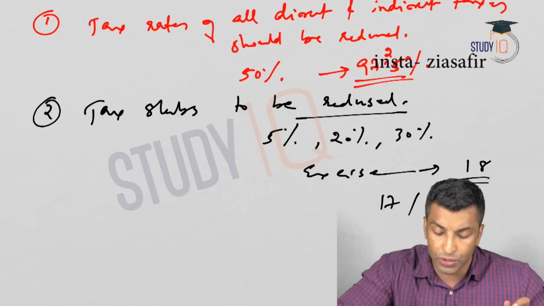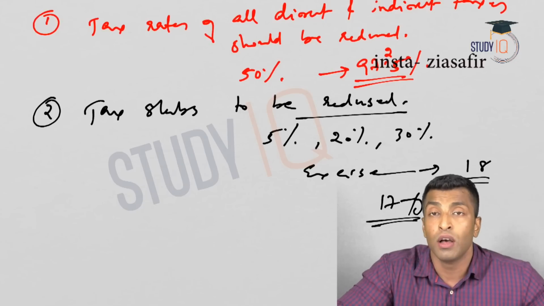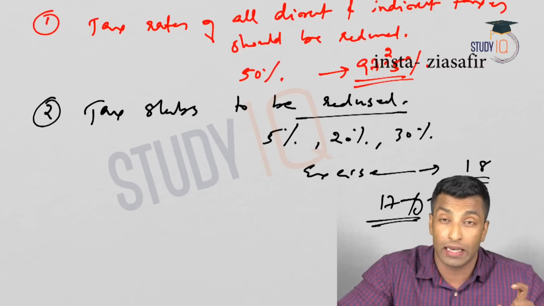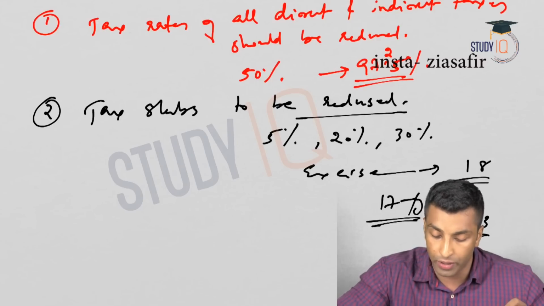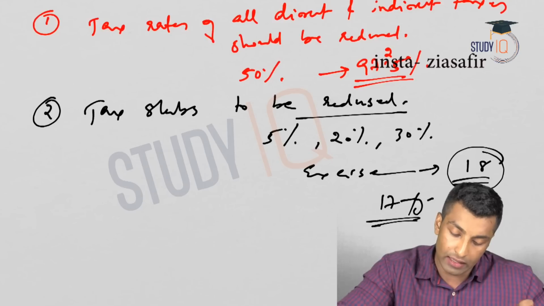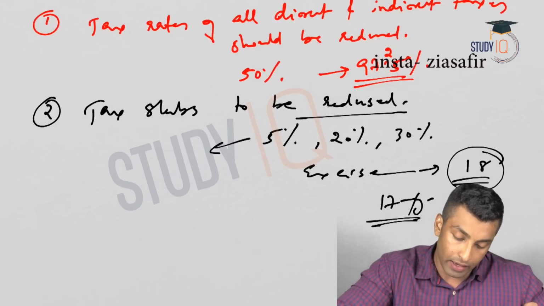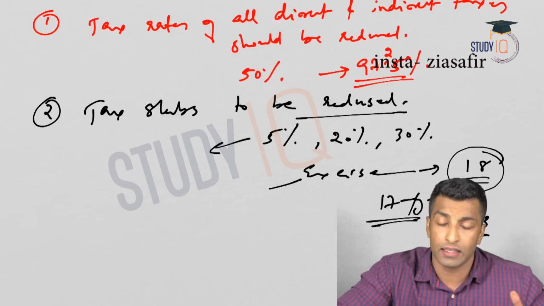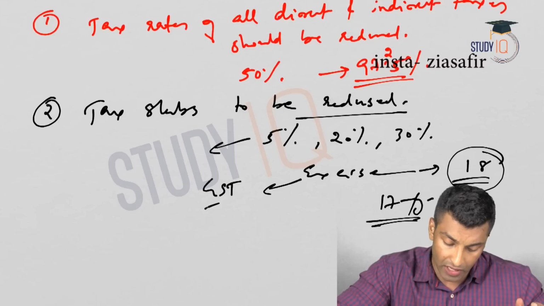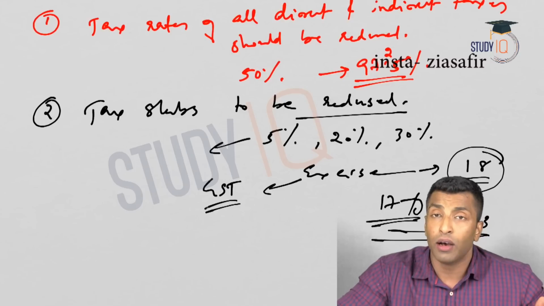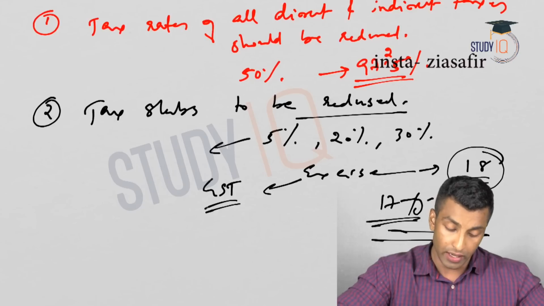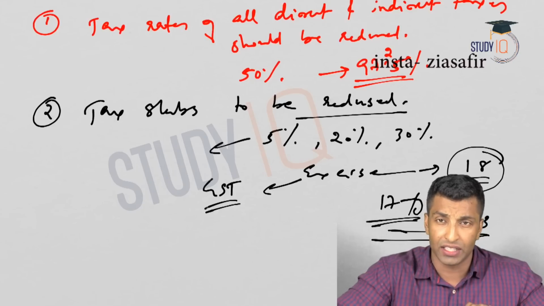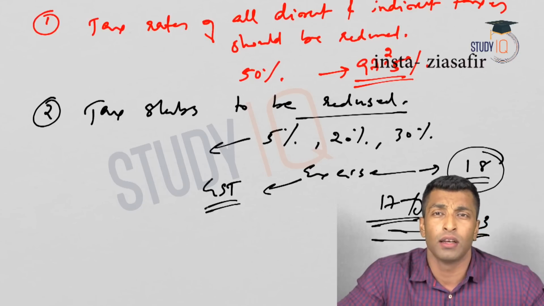Even in case of customs, there were 17 different rates. Now there are only 3. So in case of income tax, now only 3 stages. Excise is now actually GST. In case of customs also, it is reduced. So this recommendation was accepted by the government.